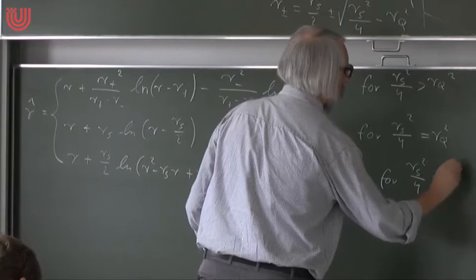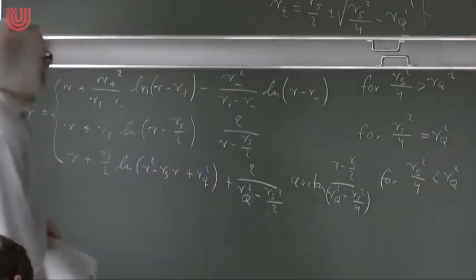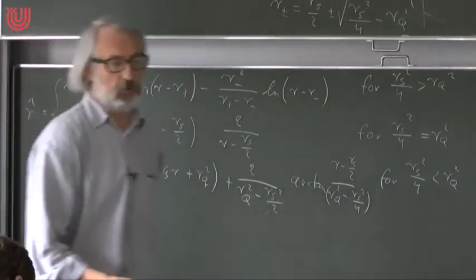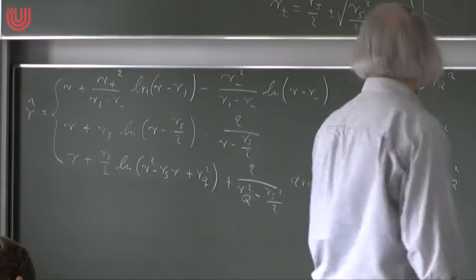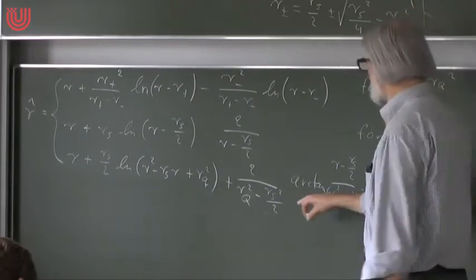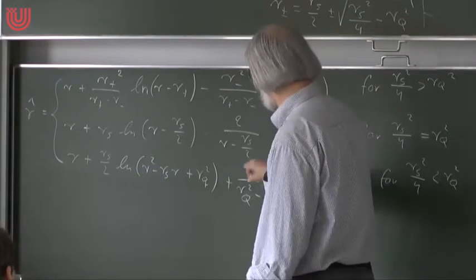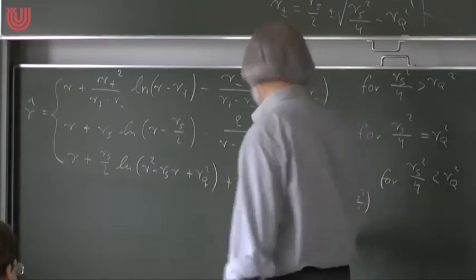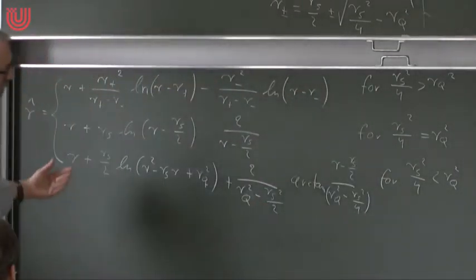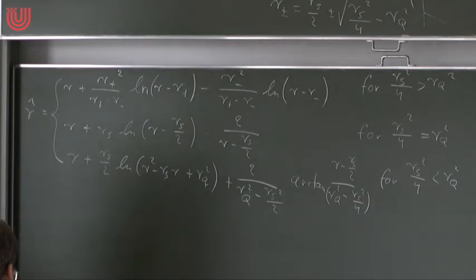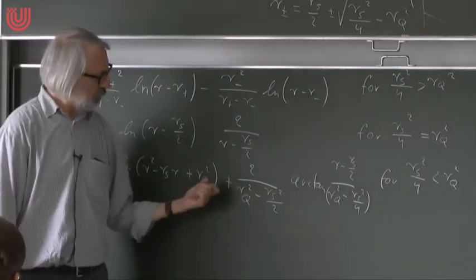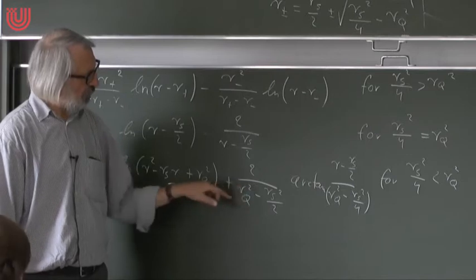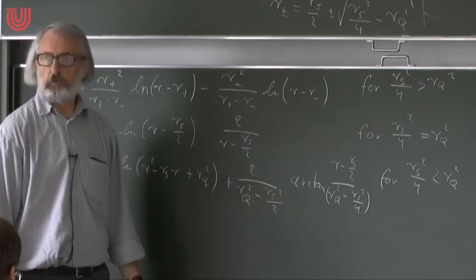smaller than R_Q squared. R in the numerator? This term? R_Q squared minus R_S squared, either over 2 or over 4. I think it's correct. So from the dimensions, it's correct, right? Length squared minus length squared.